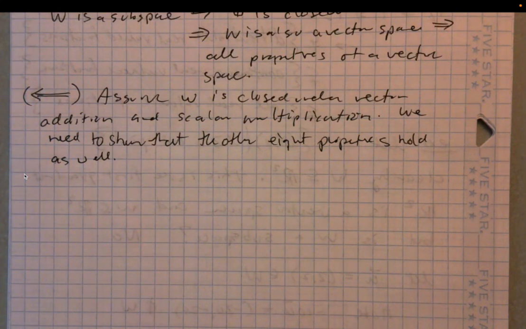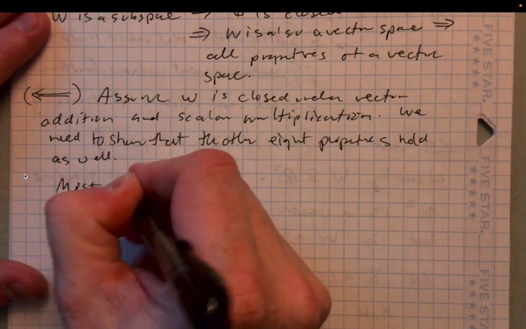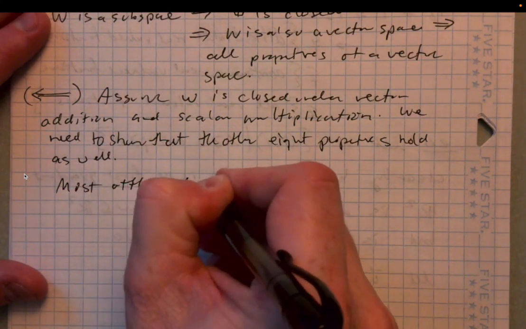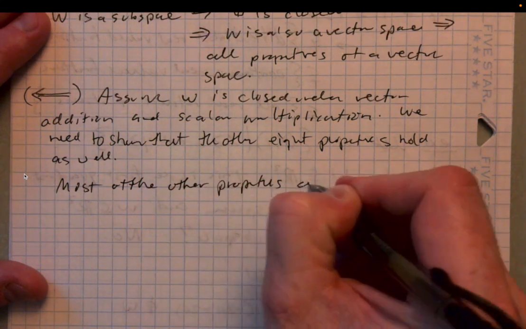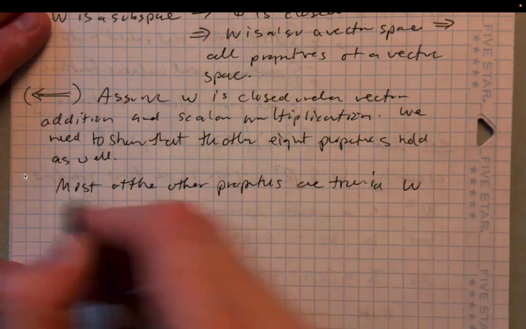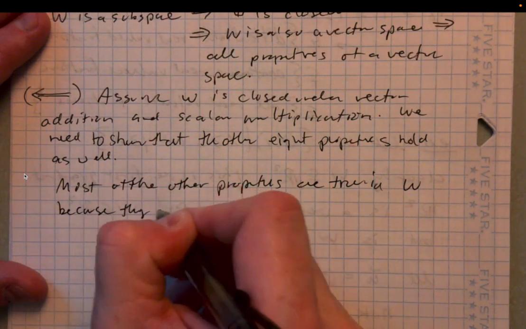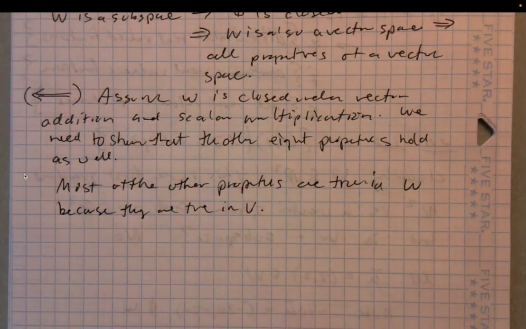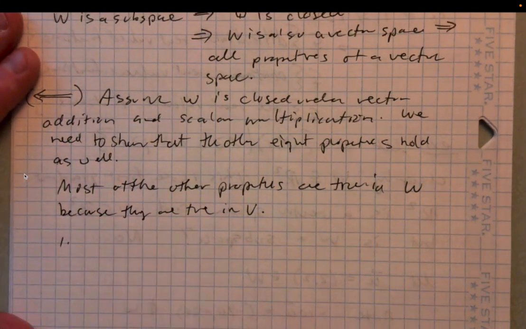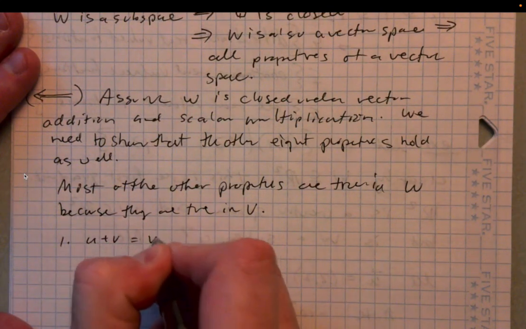Most of the other properties are true in W because they are true in V. The idea here is that because W is a subset of V, W is going to inherit a lot of the vector space properties of V. Specifically, we can go through a couple of these. u plus v equals v plus u.